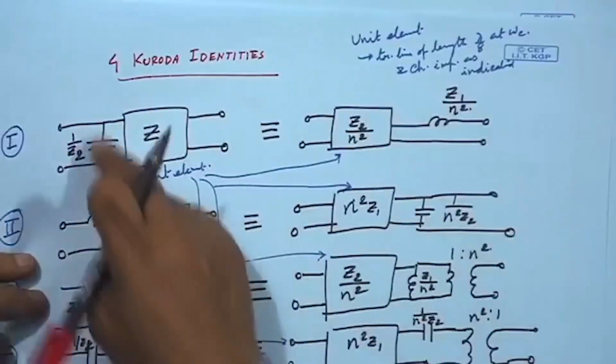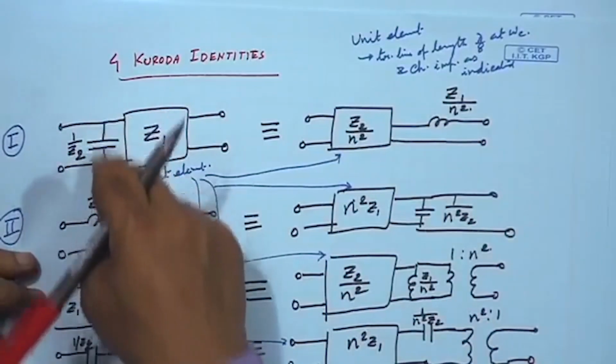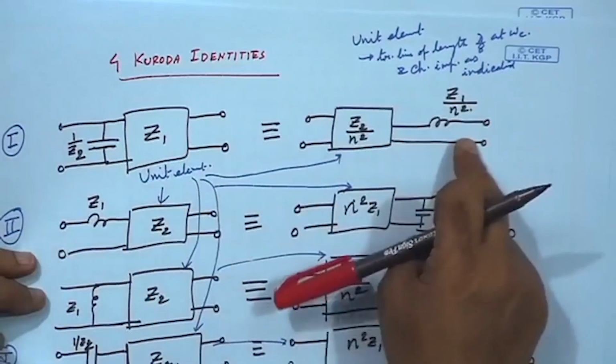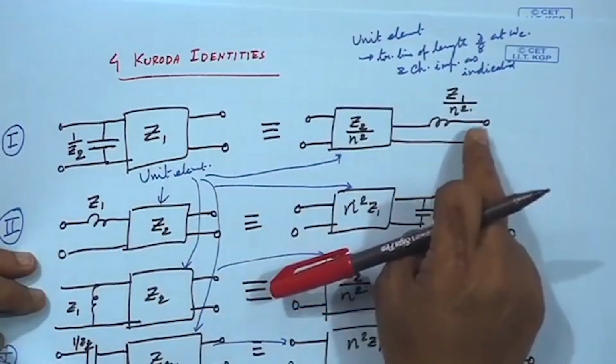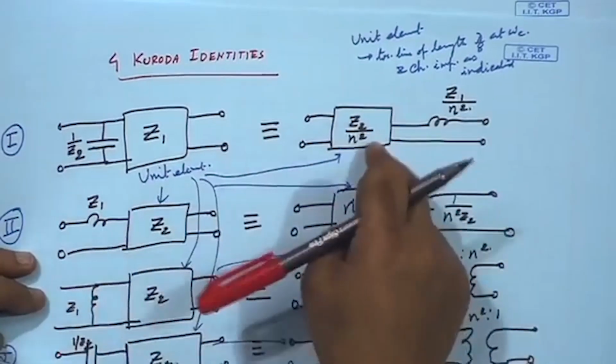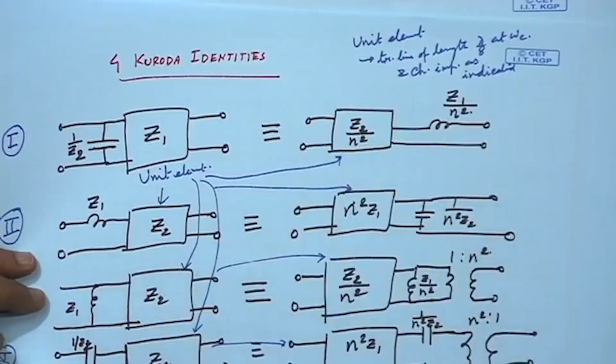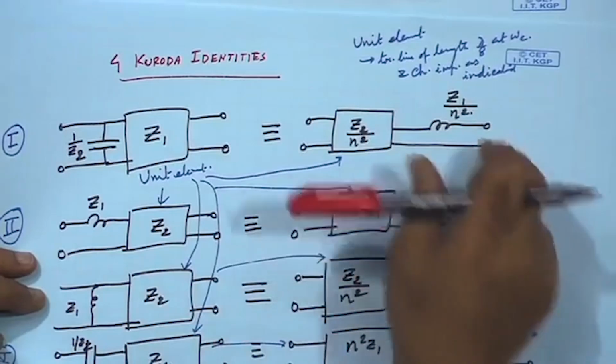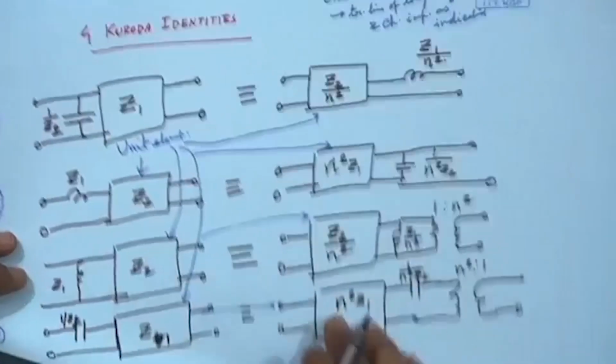If you want to design any implementable filter, up to the Richards transformation you come, then you take the appropriate Kuroda's identity, depending on which one you need. For example, if you have a shunt capacitance but you want to convert it to a series one, you can just add this unit element and in series with that you can get it.